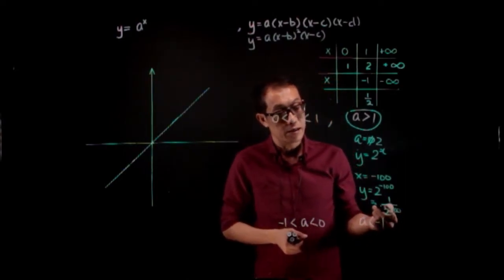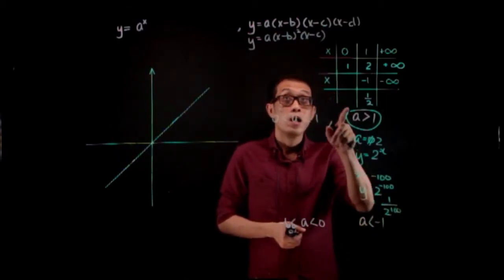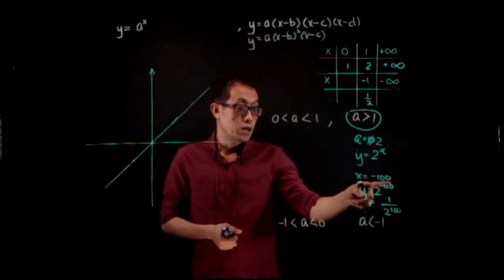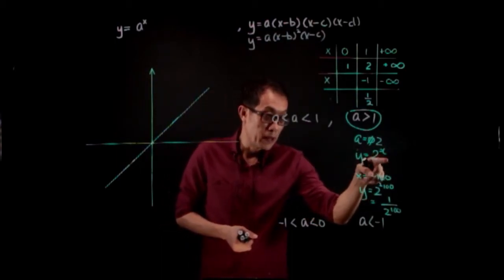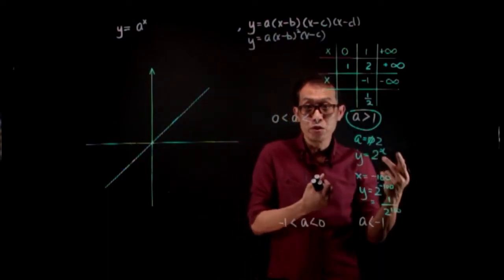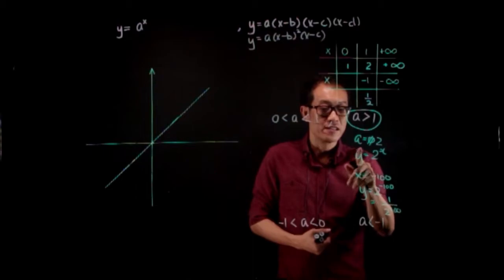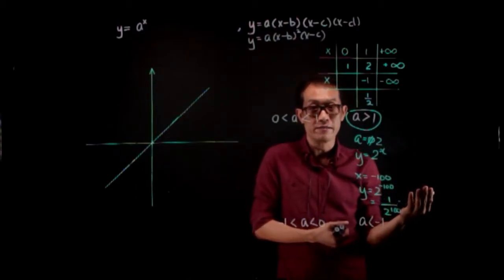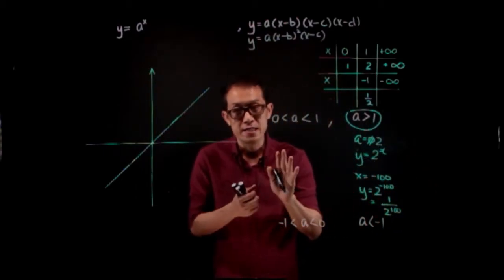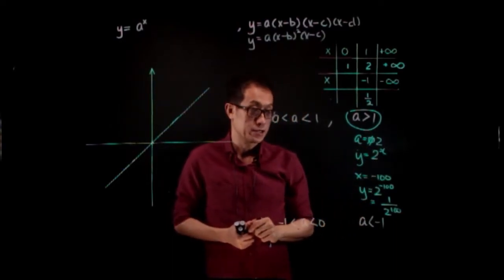You realize that it's still positive. It doesn't mean this is negative. A lot of students, I don't know why, put that when x is negative, then 2 to the power of x will also be negative. The minus sign has nothing to do with the polarity of 2 to the power of x.